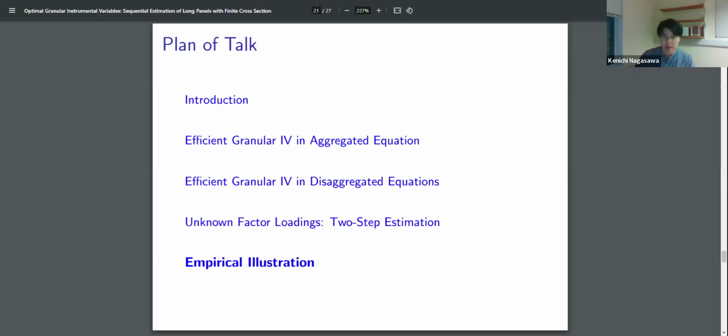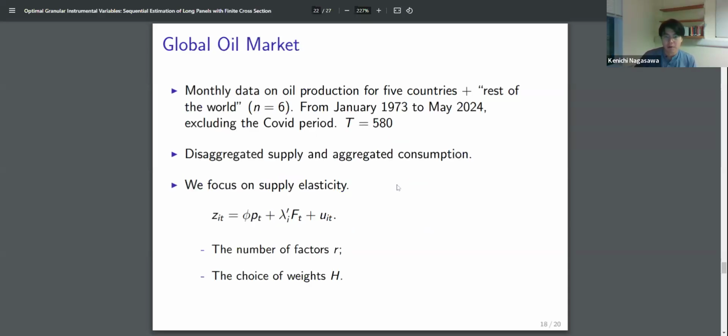And now we want to illustrate our theory using an empirical example. So we look at the global oil market, and we build on the analysis done by Baumeister and Hamilton. We have monthly data on oil production for 5 countries plus the rest of the world.